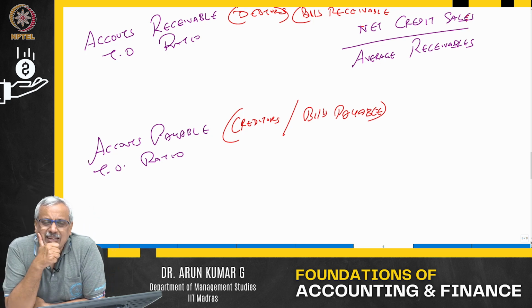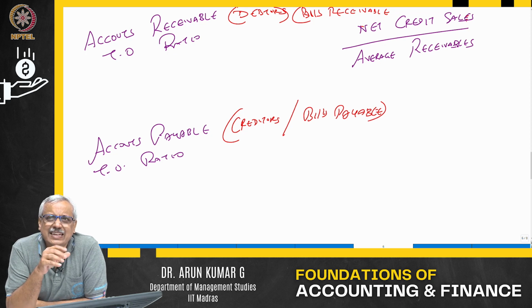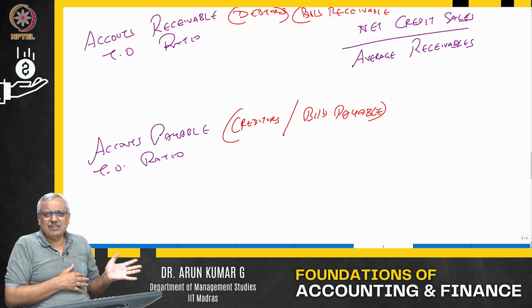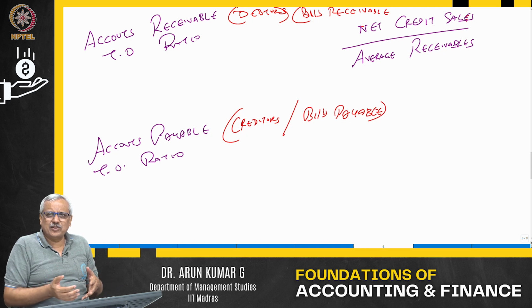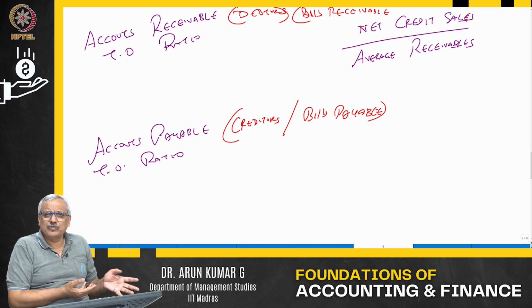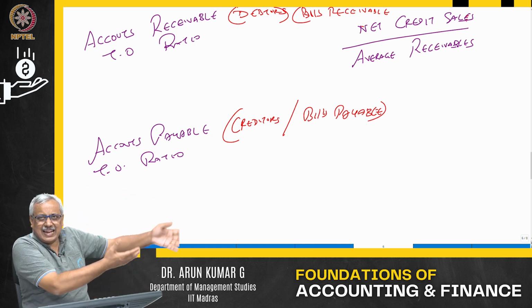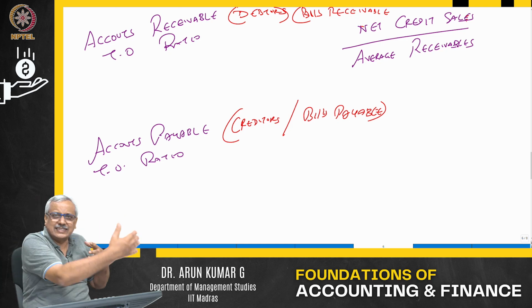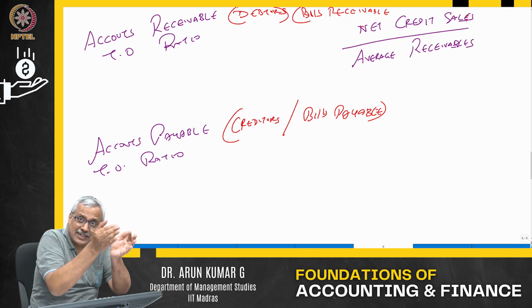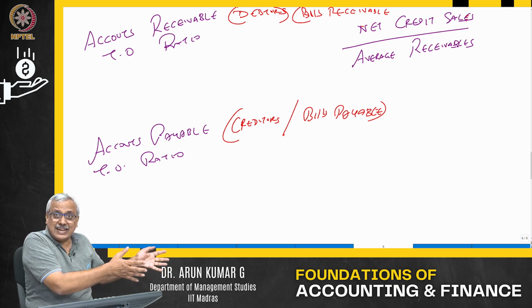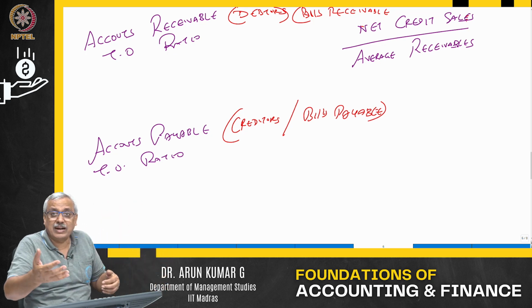Now, what does this tell me? This tells me the efficiency of receivables. Is my receivable very sticky? For example, my credit sale this year is 100, my receivables is 1000. So, that means my net credit sales by receivables is just 0.1. That means I am inefficient in collecting the receivables. I have been having a legacy problem of receivables, it is accumulating, that is why it is 1000. Though my credit sale this year is only 100, my receivables is 1000 because I have been accumulating it, I am not even collecting the whole thing.